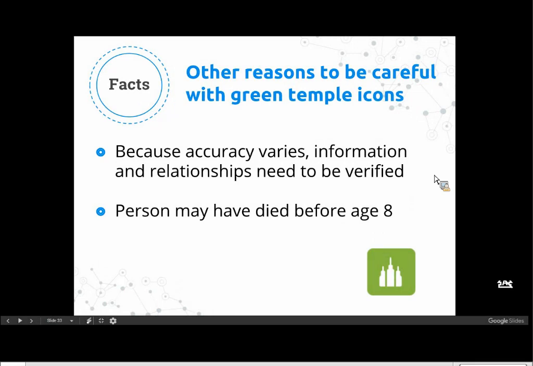And if they did, that means that they don't need any ordinance except sealing to parents. So to spend that time in the temple doing those ordinances for the person who died before 8 means that was time that we could have spent doing those ordinances for somebody else.